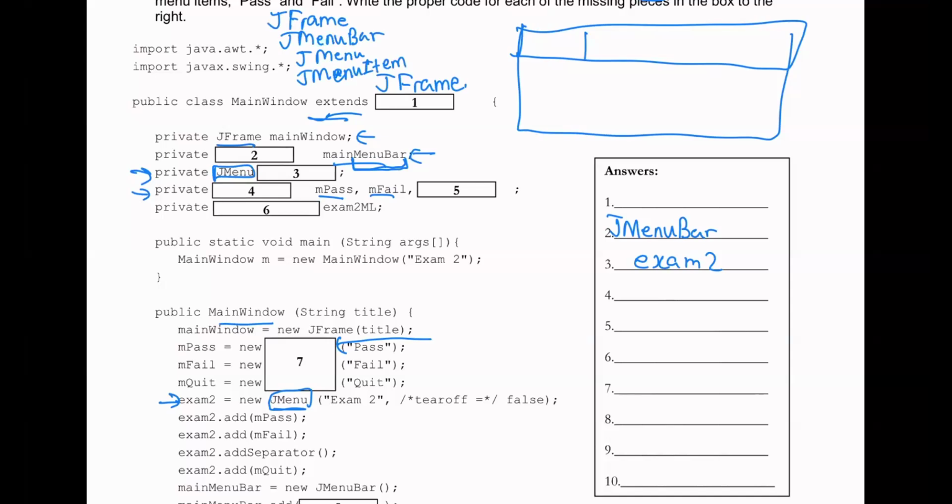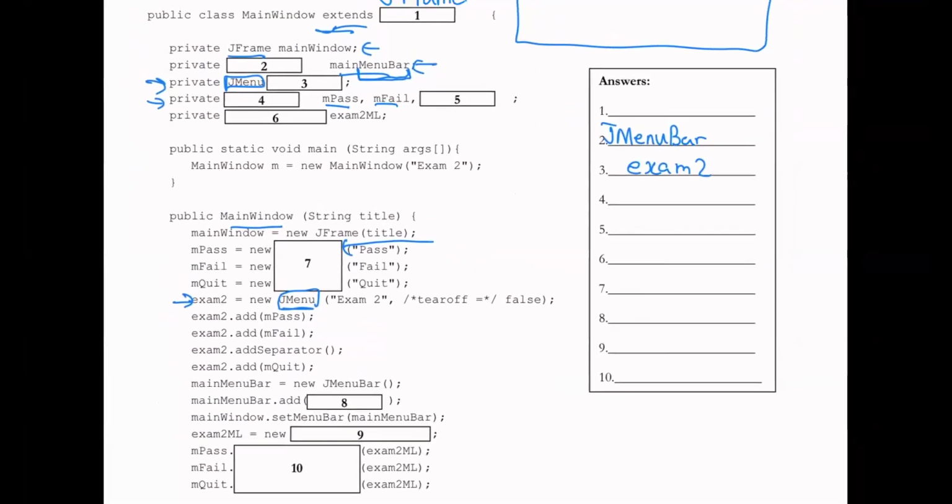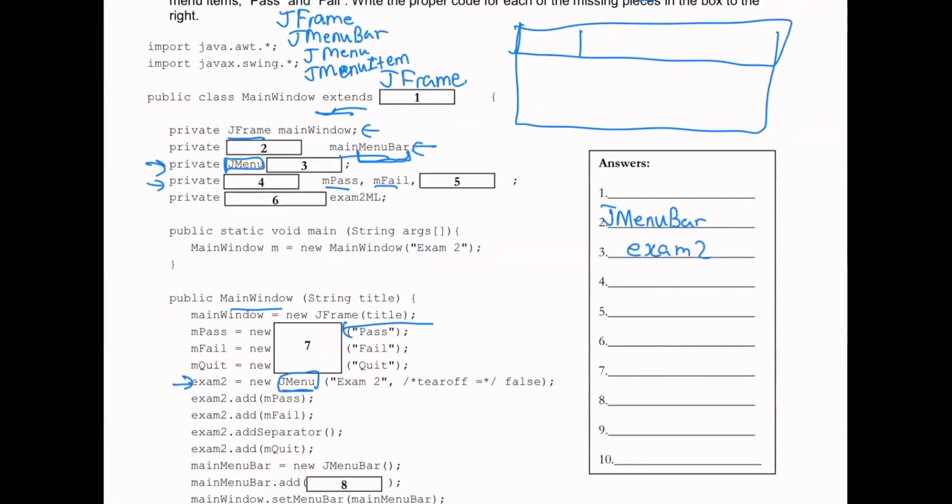So it's like a hierarchy step. So it will be JMenuItem, and then what about number 5?